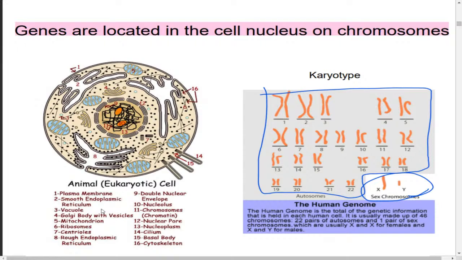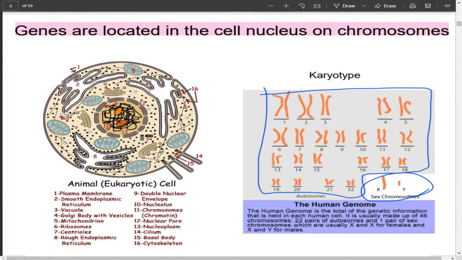Number five, the mitochondria. As we can see here, many mitochondria: 1, 2, 3, 4, 5, and 6. Then we have the ribosomes, number 6, which are all over the eukaryotic cell, especially on the rough endoplasmic reticulum.